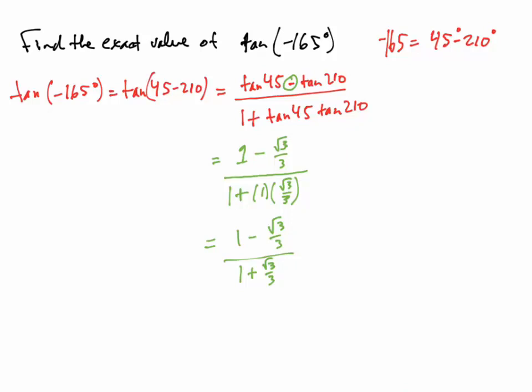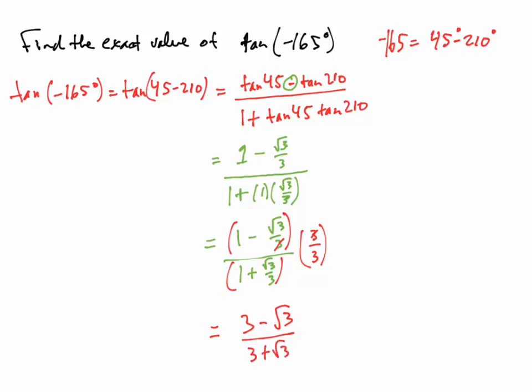I'm going to remove the denominators in these complex fractions. So I'm going to multiply the top and bottom by 3 and distribute that through. So we'll get 1 times 3 is 3, this 3 and this 3 are going to cancel, so 3 minus root 3 all over 3 plus root 3.